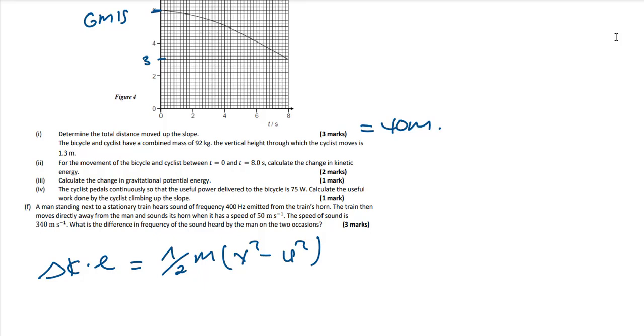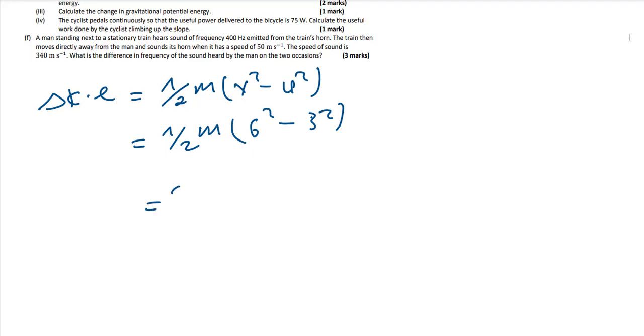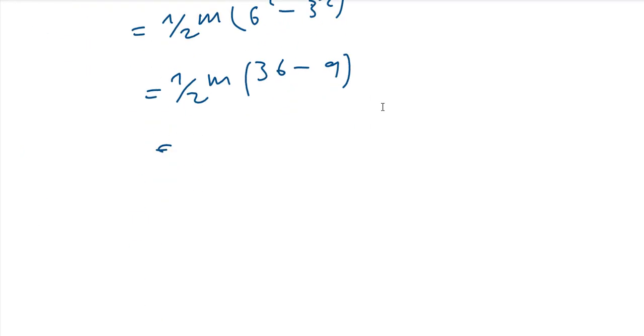So this is equal to a half m into 6 squared minus 3 squared, which is a half m into 36 minus 9, and our mass is 92, so that's 92 on 2, and 36 minus 9 is 27.